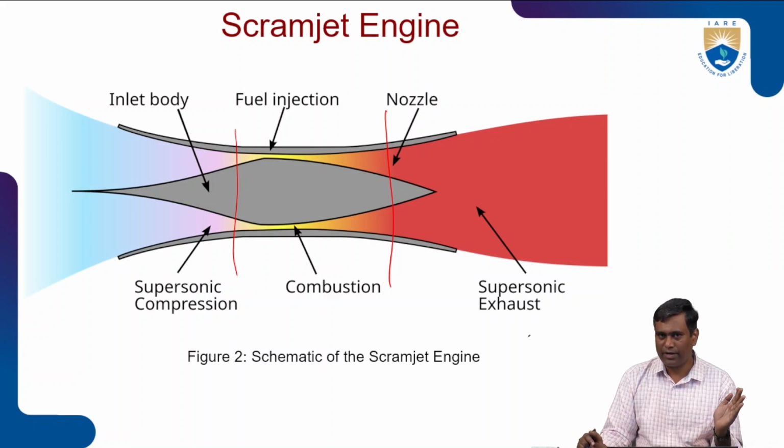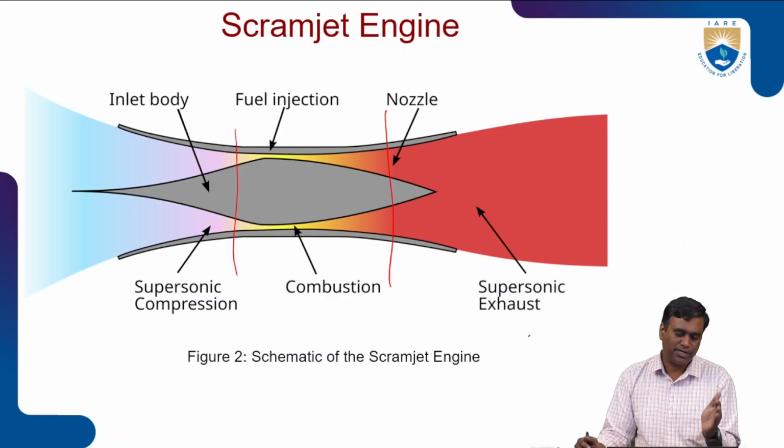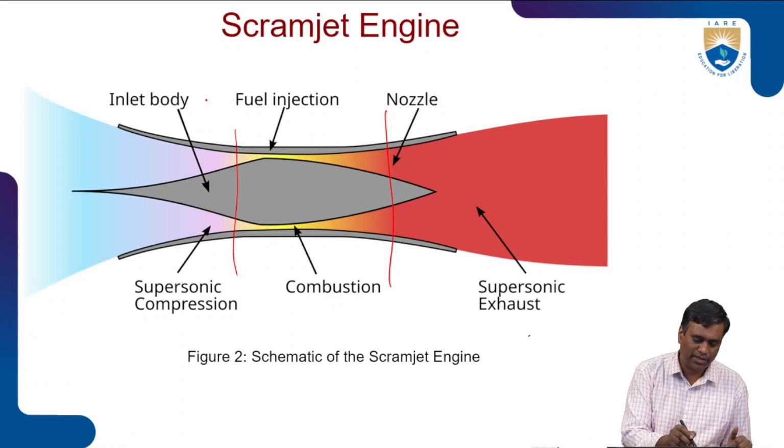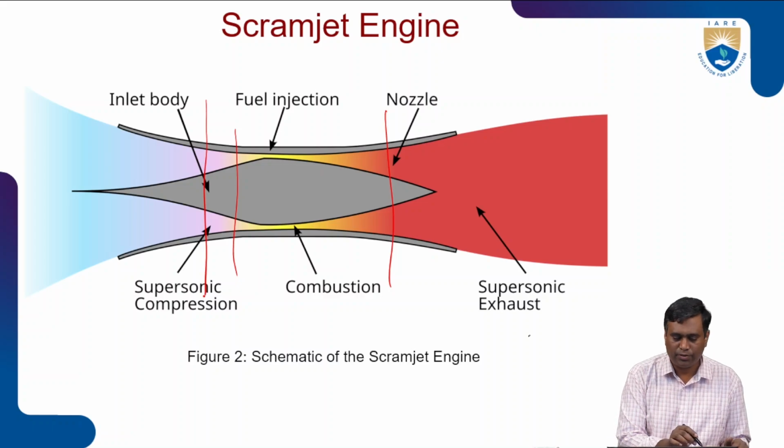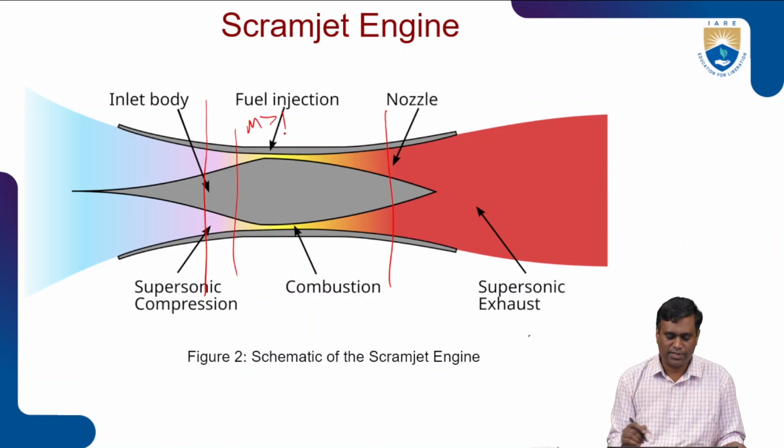Those are the ones that decelerate the flow, right? So generation as well as placement of shock waves matters in the inlet. In the scramjet, the inlet makes sure that only supersonic air enters the combustion chamber.